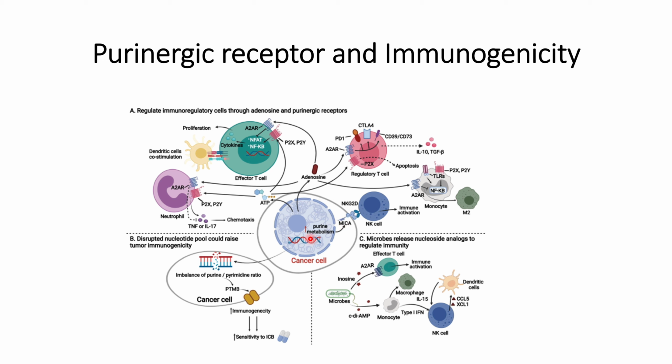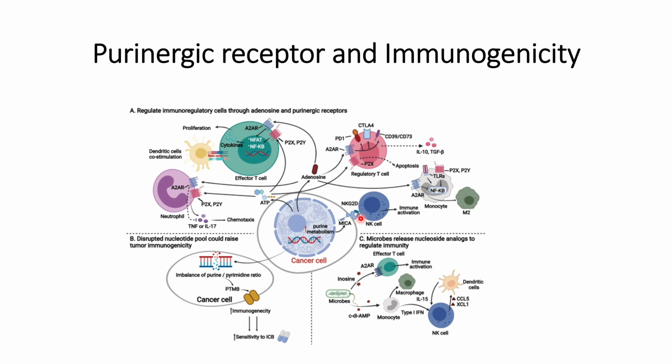So when it comes to the NK cells, because of the high purine metabolism, there will be overexpression of MICA on the cancerous cells.